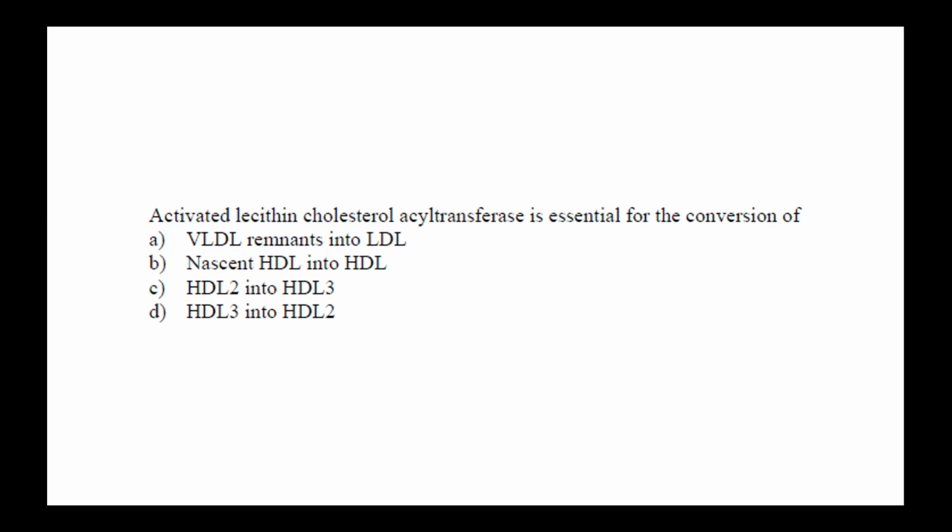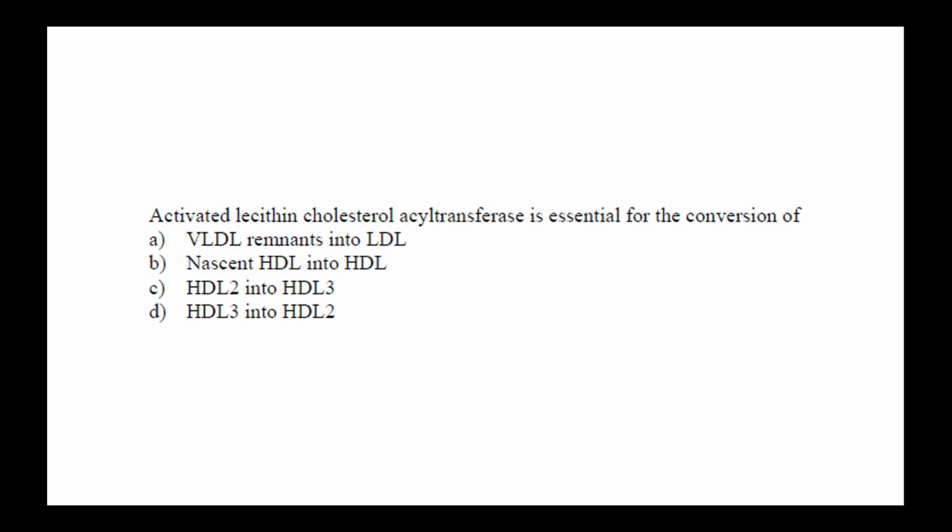Okay. So starting with the first question. Activated lecithin cholesterol acyltransferase is essential for the conversion of option A, VLDL remnants into LDL; option B, nascent HDL into HDL; option C, HDL2 to HDL3; and option D, HDL3 into HDL2.